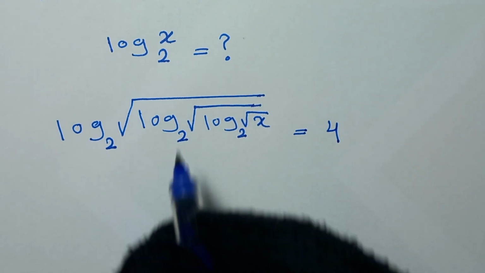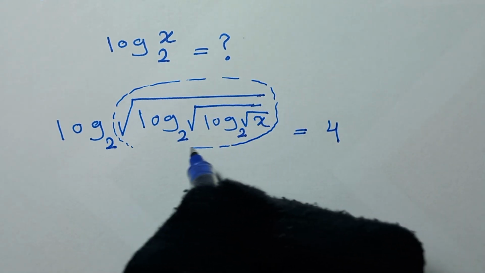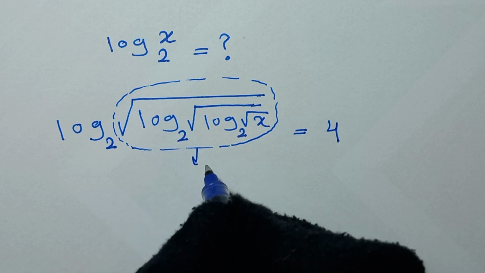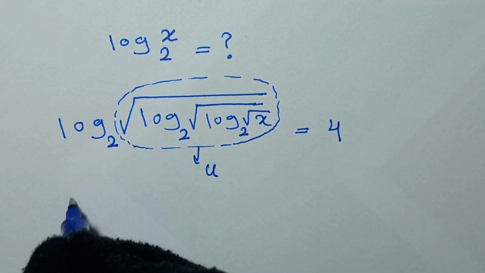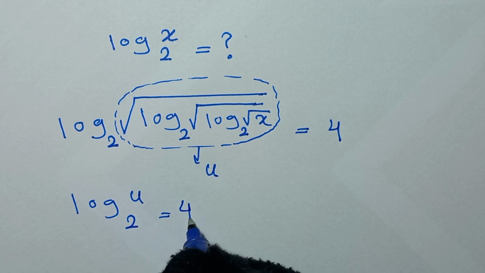And here we let this part be u, so log of u to base 2 is equal to 4.